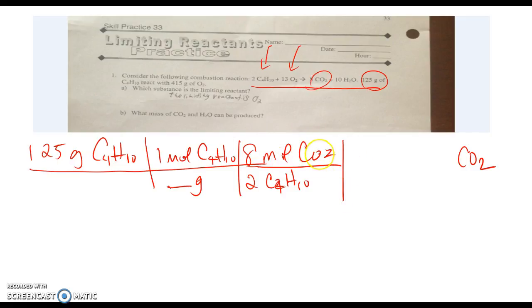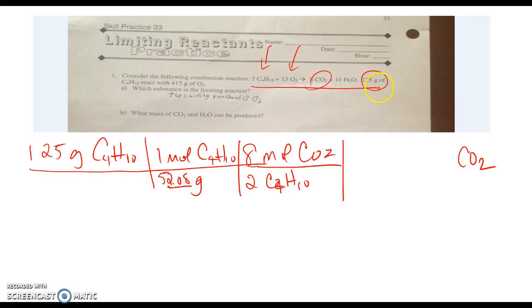I could answer here in moles of CO2, couldn't I? So if I figure out the molar mass, I have 4 C, which is 12.01, plus 10 H, 10.10.